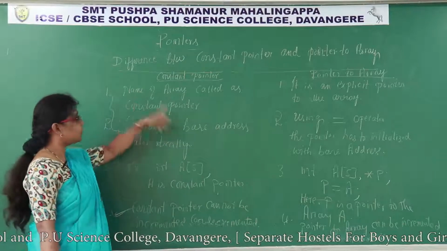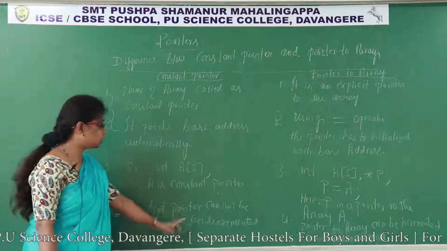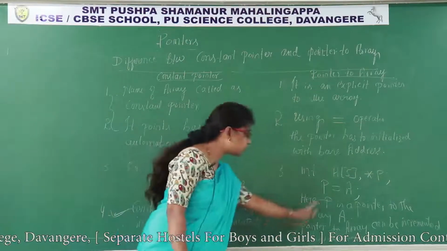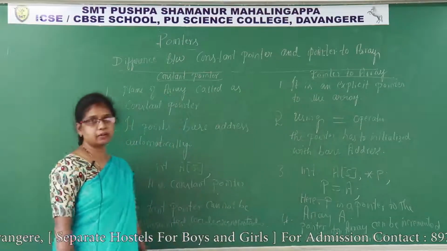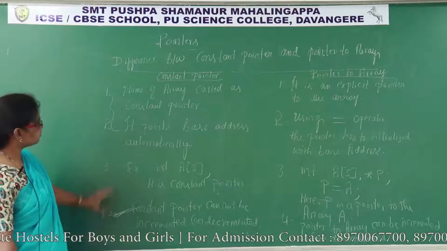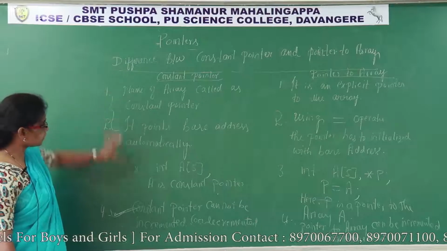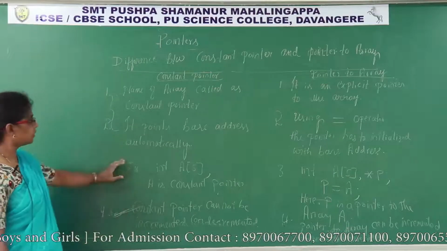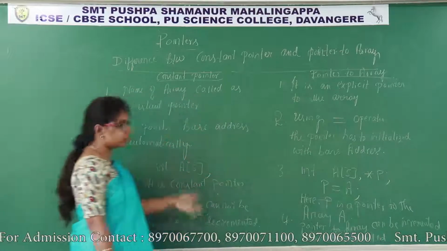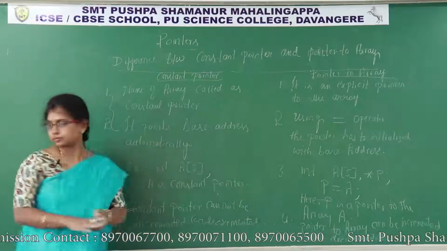Don't write the definition. Constant pointer cannot be incremented or decremented, whereas pointer to array can be incremented or decremented. This is the main point. For 3 marks, you start from these 2 points, then this point. If you want to write an example, you can, but these points are important.